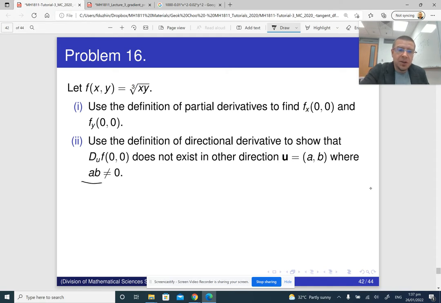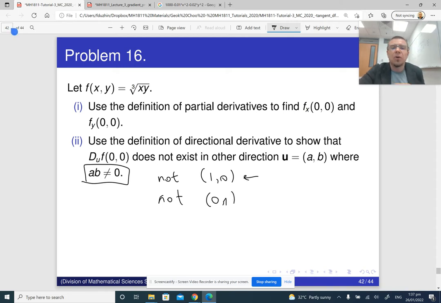So this condition means that the direction here is not 1 0 and it is not 0 1, because if the direction is just 1 0, then the directional derivative is nothing else but the partial derivative with respect to x. And if the direction is 0 1, it just means that the directional derivative is the partial derivative with respect to y, right? Which is covered by part 1.